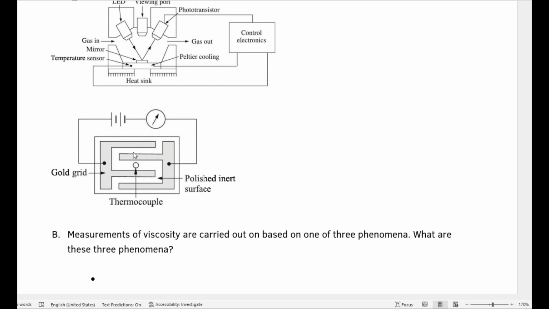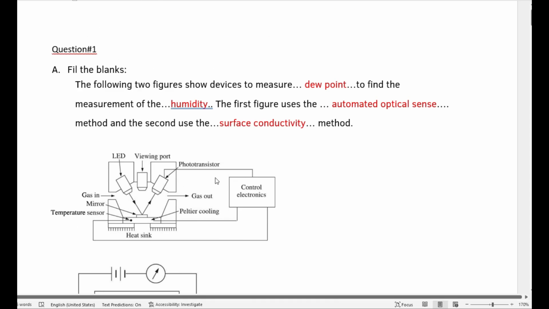If the resistance is very high, that means it is very dry. But if the resistance becomes lower and lower, meaning the conductivity is more, that means more water drops are absorbed by this surface, which helps in conducting the current between this wire. So the method here is the surface conductivity method.